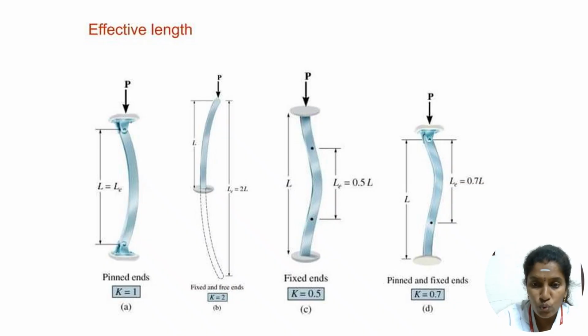So L effective is equal to 2L, 0.5L, 0.7L, and our K value also varies. If one end is fixed and one end is free, the K value is equal to 2.